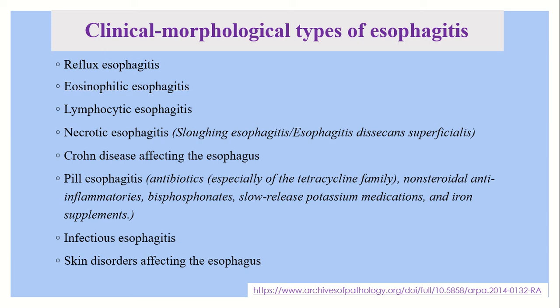Then Crohn's disease affecting the esophagus, and pill esophagitis during the use of some drugs, for example antibiotics, especially of the tetracycline family, non-steroidal anti-inflammatory drugs, and so on. Then infectious esophagitis and skin disorders affecting the esophagus.